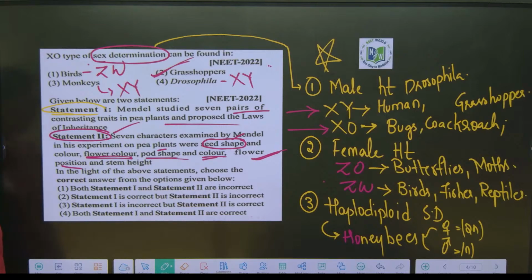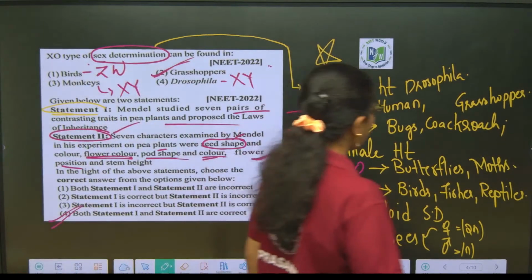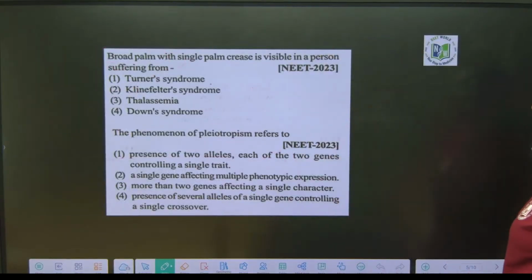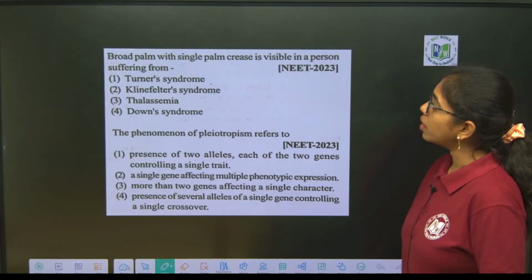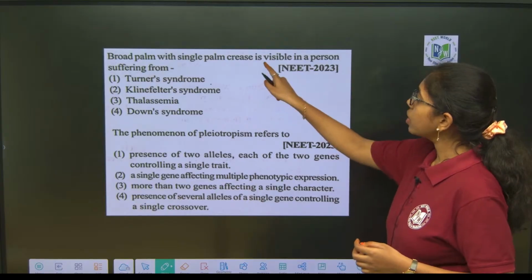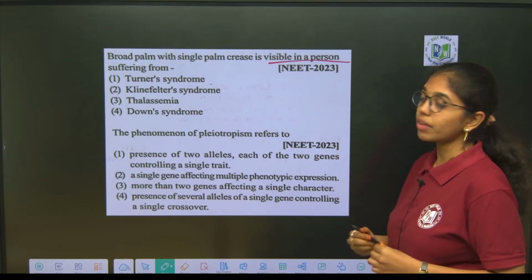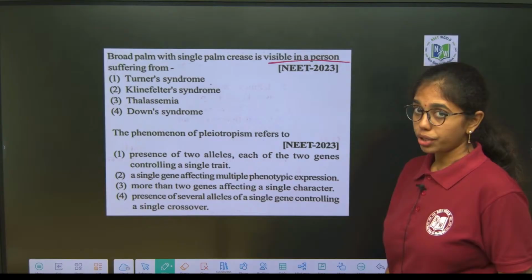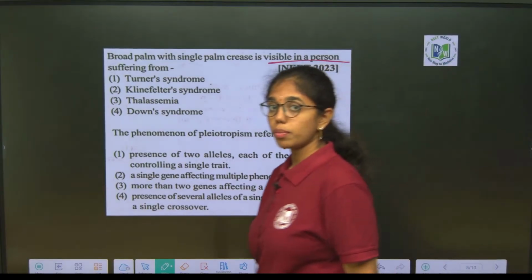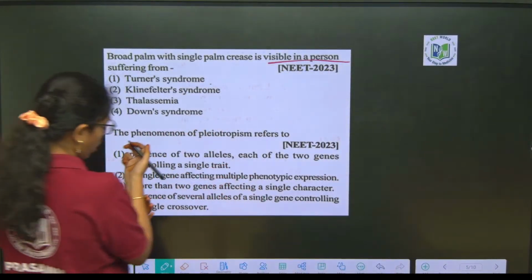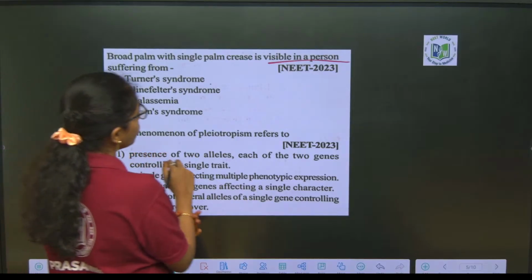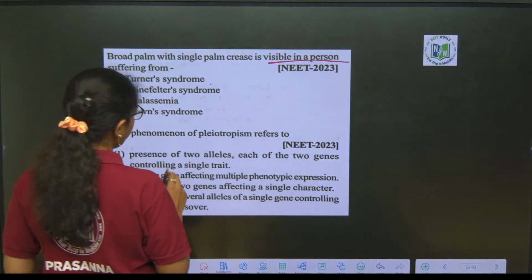So, with respect to this question, both statement 1 and statement 2 are correct. Next question. Broad palm with a single palm crease is visible in a person suffering from, undoubtedly, Down syndrome. Down syndrome is a chromosomal abnormality observed due to trisomy of chromosome 21.